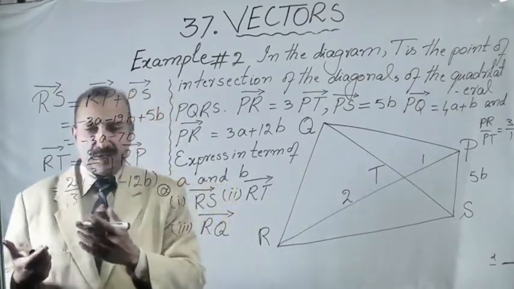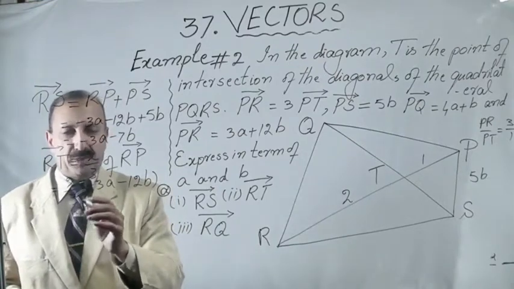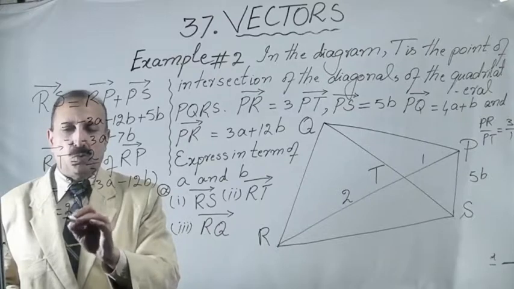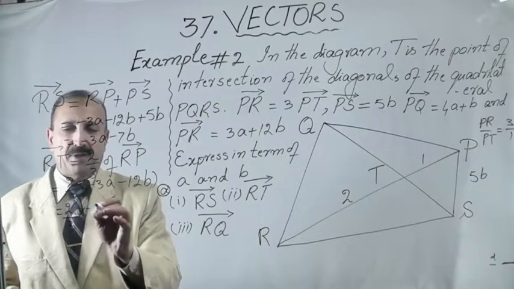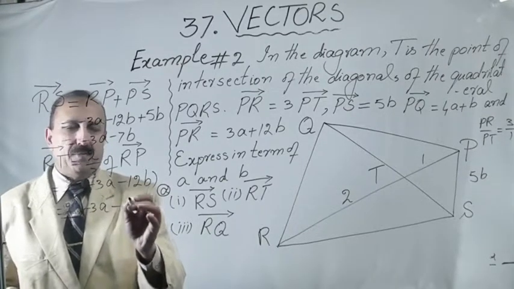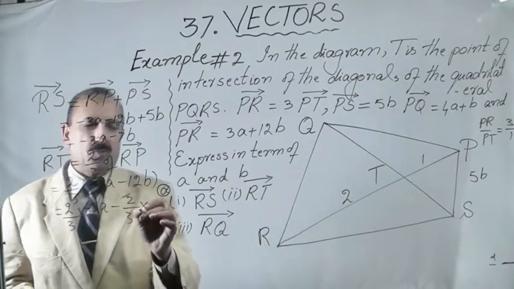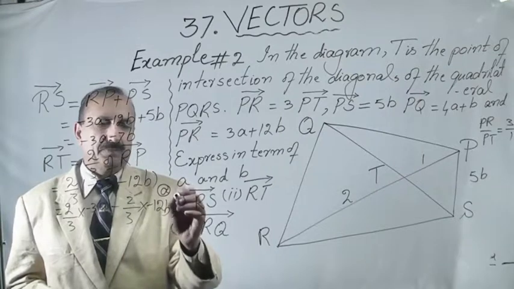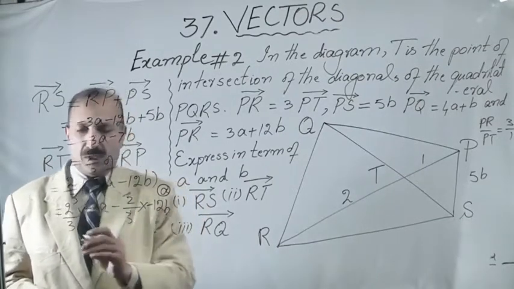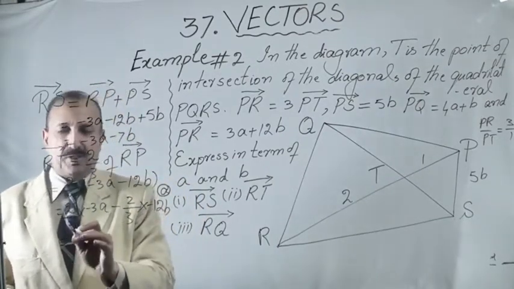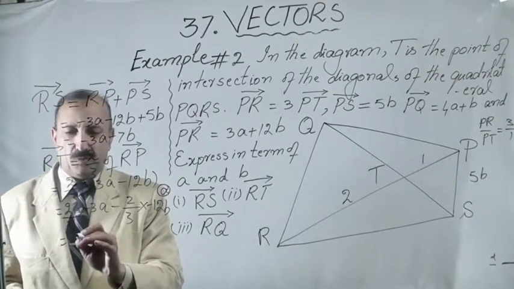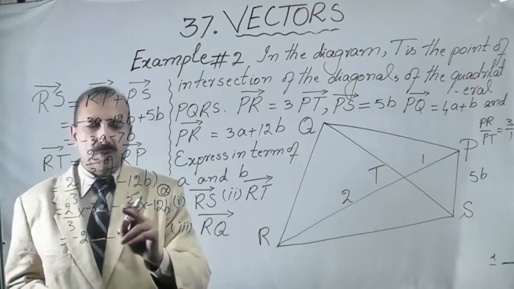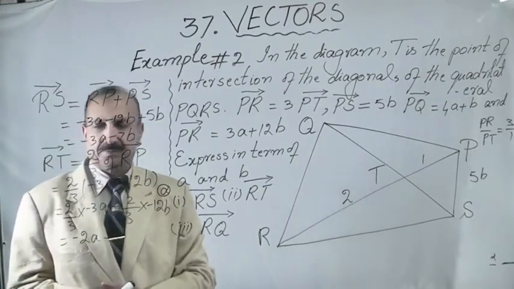This is the answer, this is the value. We can multiply inside. So it's 2 over 3 times minus 3a, minus 2 by 3 into minus 12b. Let's simplify. This 3 cancels with this minus 3. We got minus 2a, and then minus into minus becomes positive.